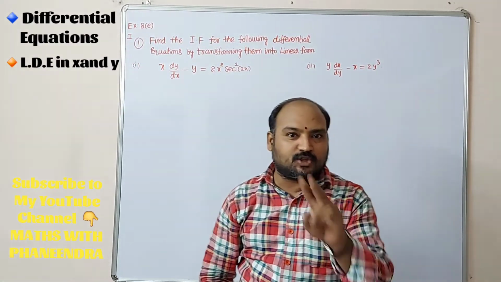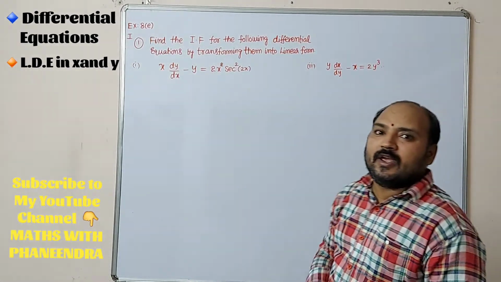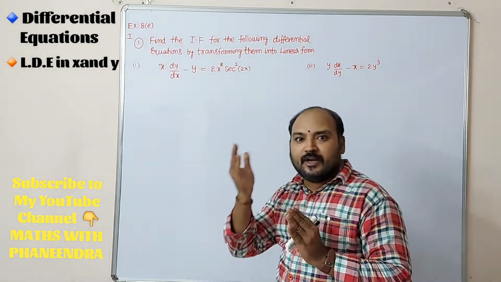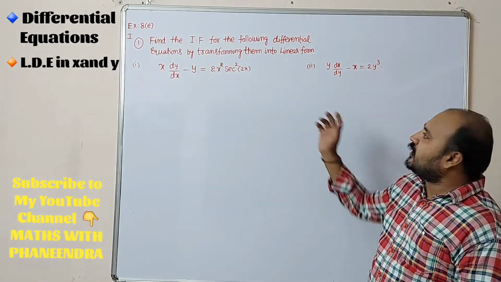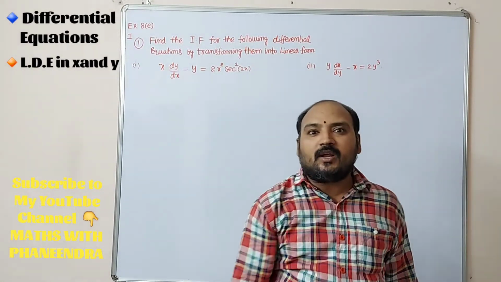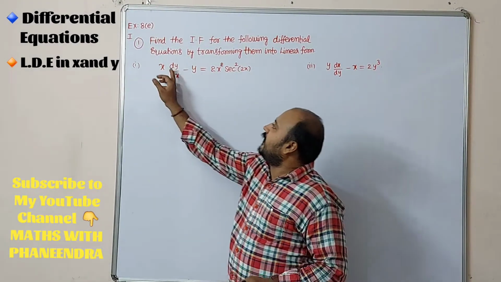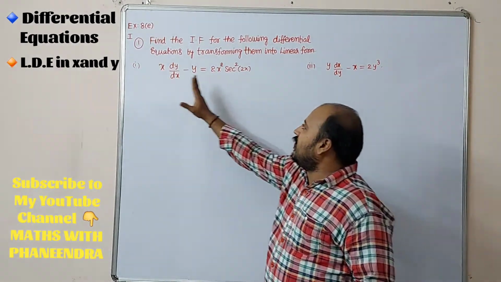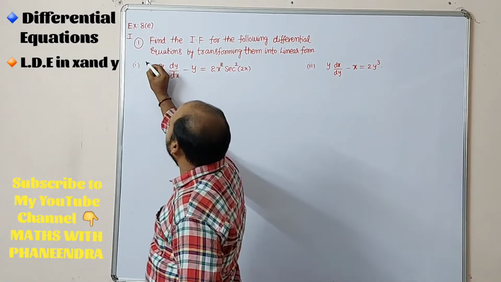Just now we discussed 2 linear forms: either a linear differential equation in terms of x or in terms of y. Here dy by dx is there, so it is absolutely a linear differential equation in y. Here x is extra, so throughout the equation, dividing by x is the first step.